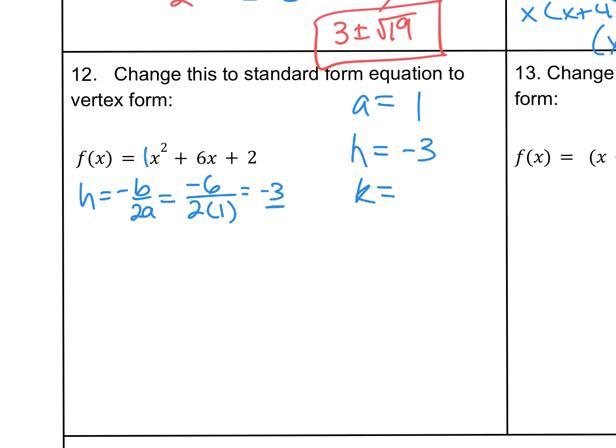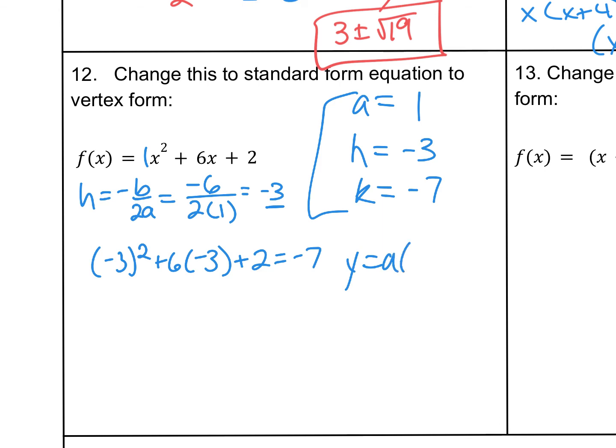And then K would be just plugging in H. So we plug in that negative 3. Just do that in a calculator, exactly how it reads. Gives me negative 7. So now I have A, H, and K. I know that vertex form looks like this.